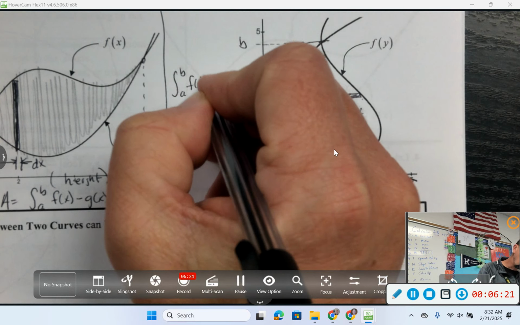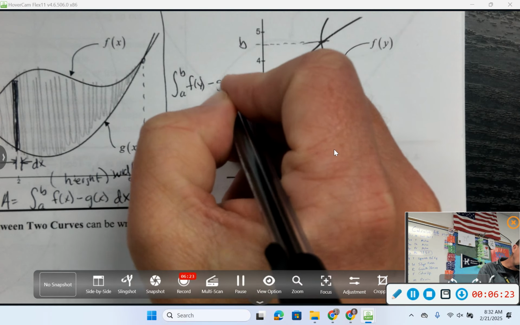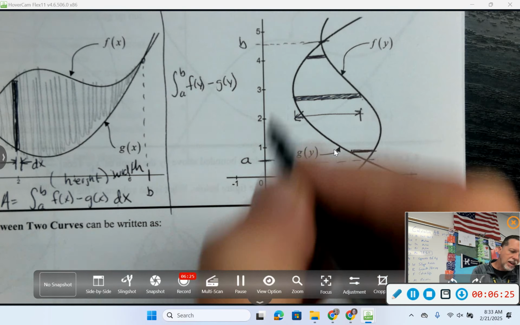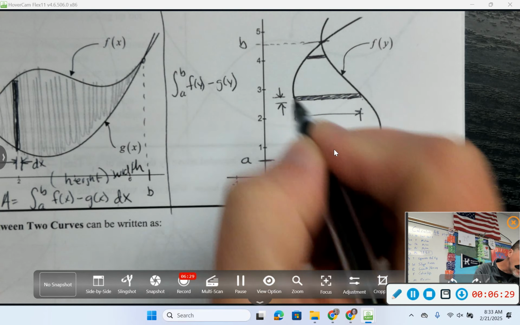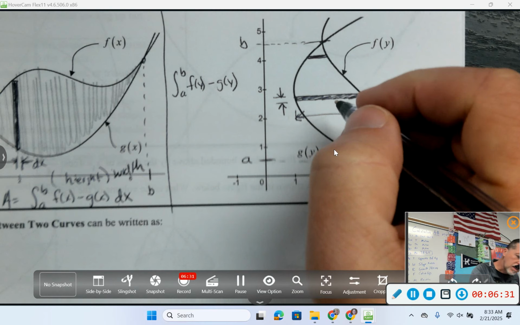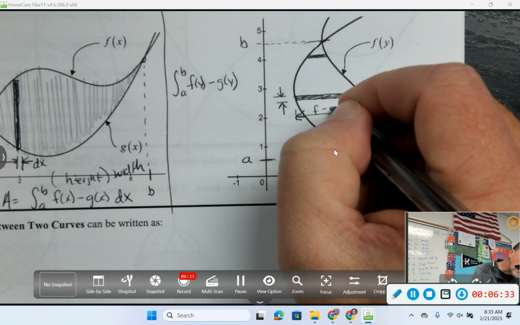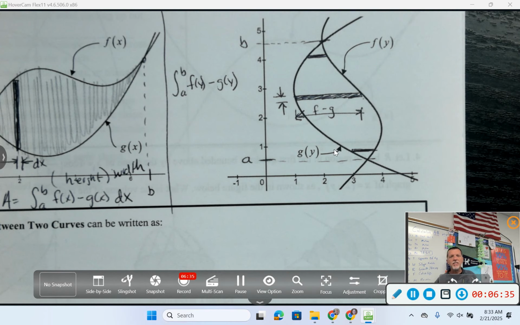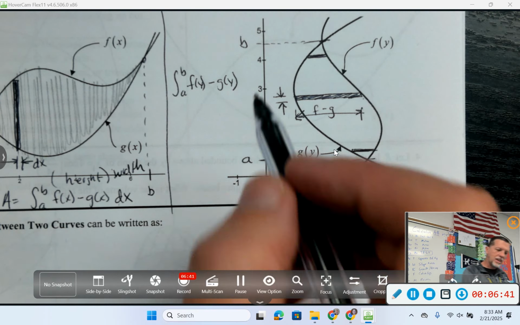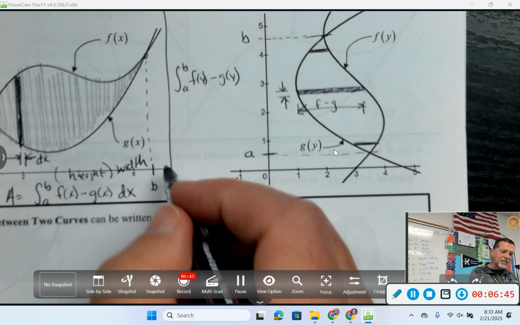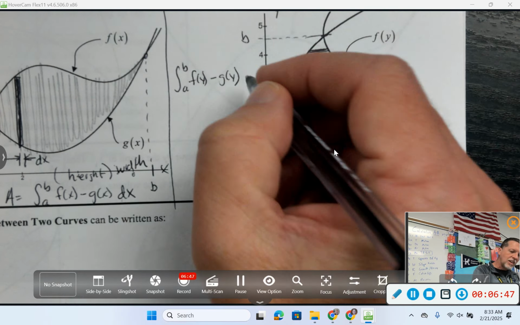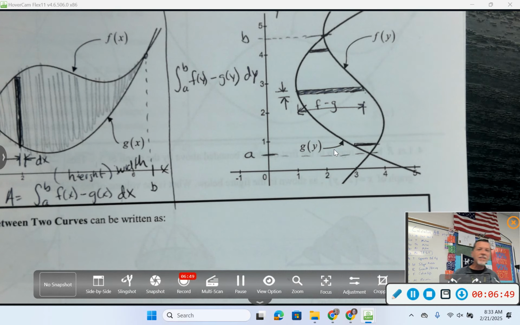So f of y minus g of y. f minus g. And what's the thickness of that rectangle? How are the slices being made? Over here we sliced against the x-axis. Here we're slicing against the y-axis, so it's dy.